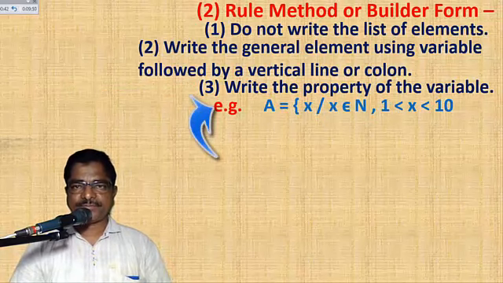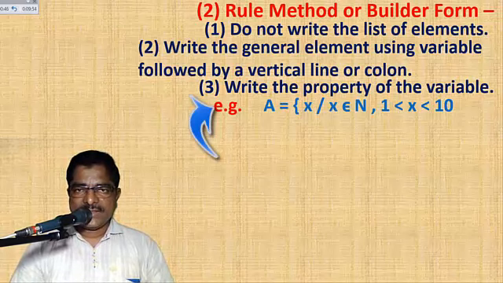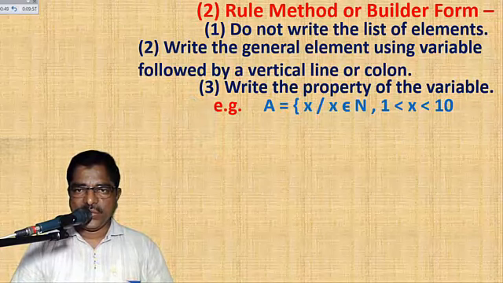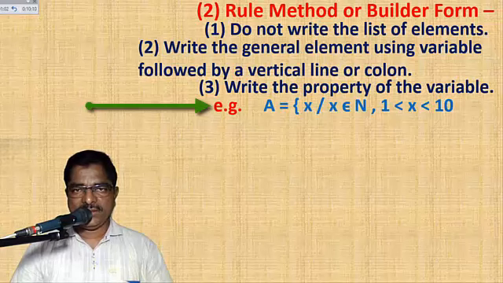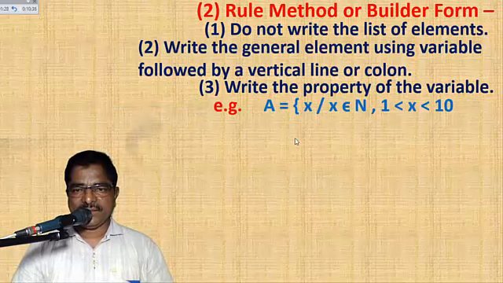Here, for example, one set written in rule method: A is equal to, in curly brackets, the variable x we consider here, then a vertical line or colon we write, then x belongs to N. N means natural numbers, and that x is greater than 1 and less than 10. That is the rule method.